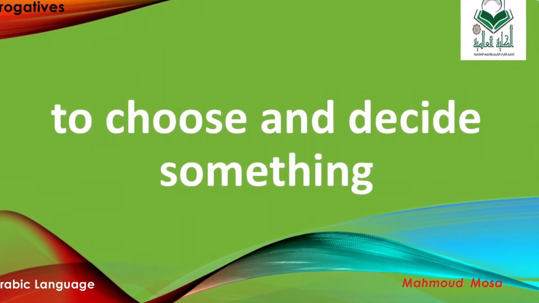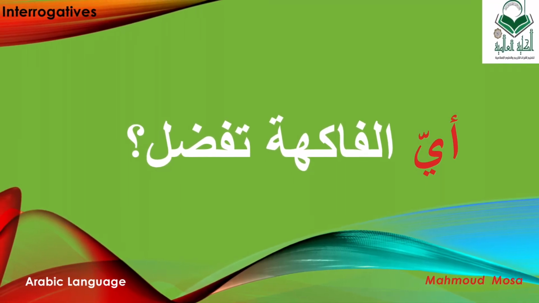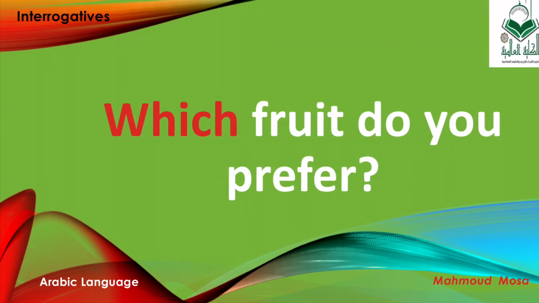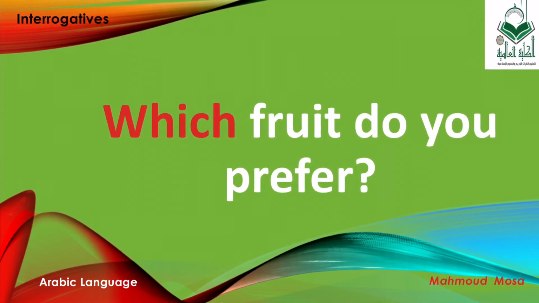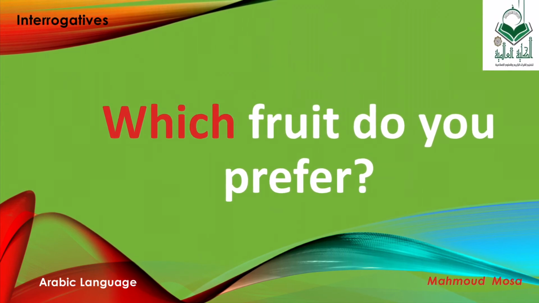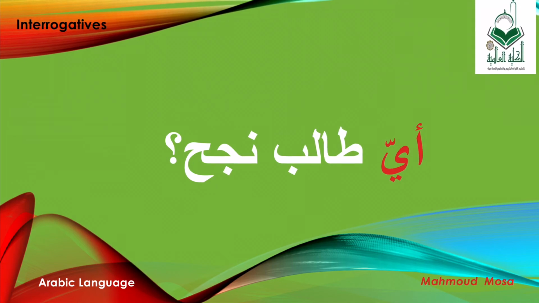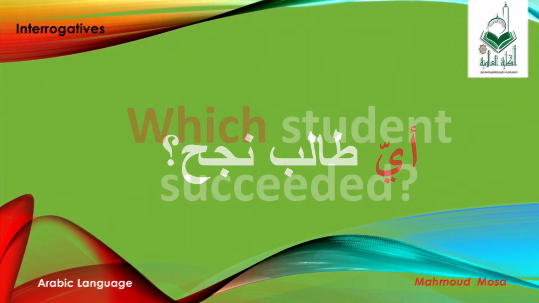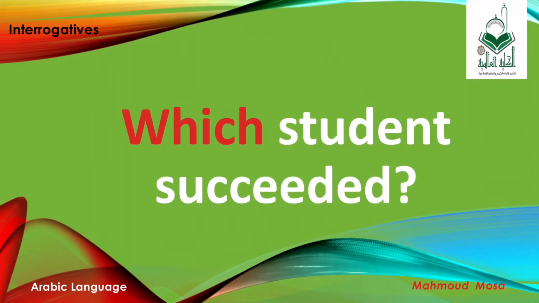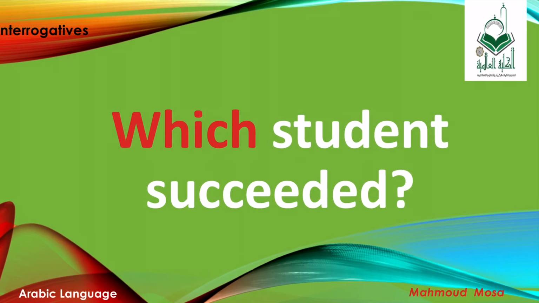We say أي الفاكهة تفضل؟ Which fruit do you prefer? الفاكهة is a noun. It comes after أي. And we say أي طالب نجح؟ Which student succeeded. طالب is a person. It is noun also.